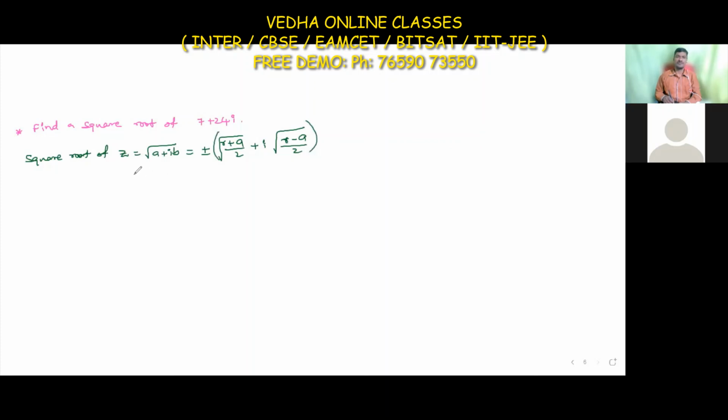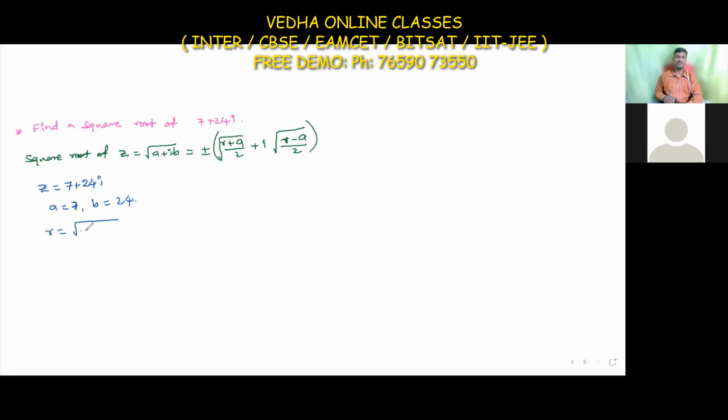Now z equals 7 plus 24i. Here the a value is 7 and the b value is 24. What is the value of r?